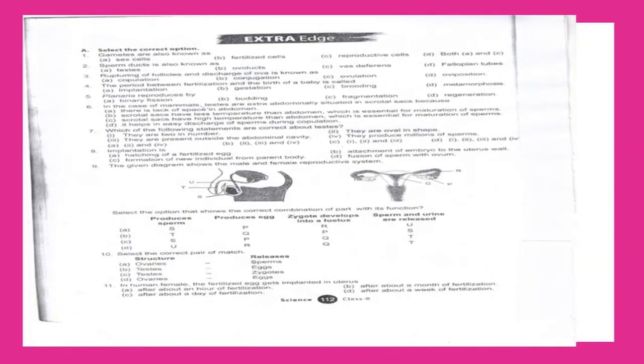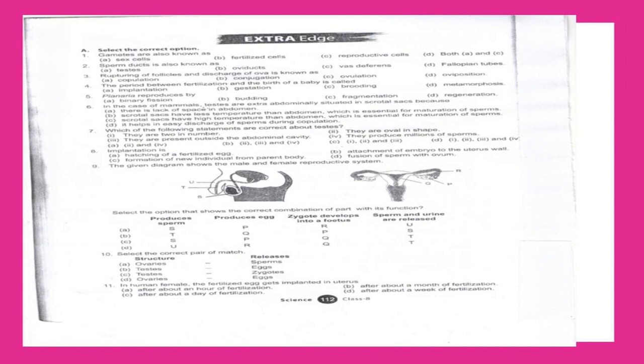The next one. Select the correct option. Gametes are also known as sexual or reproductive cells. D option. Then sperm duct is also known as vas deferens. Then rupturing of follicle and discharge of ova is known as ovulation.